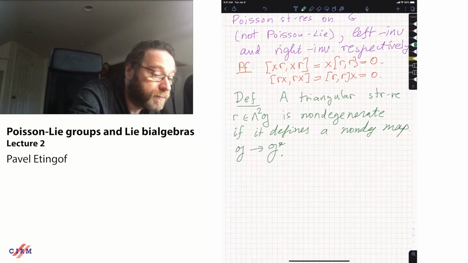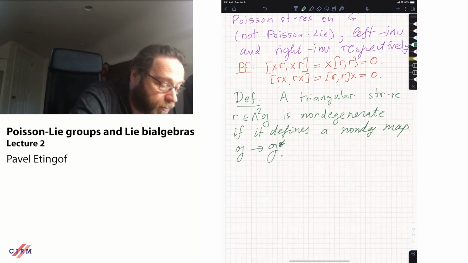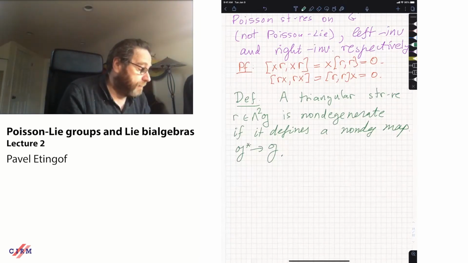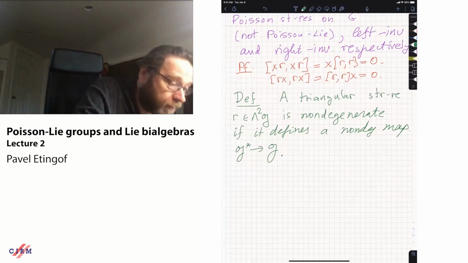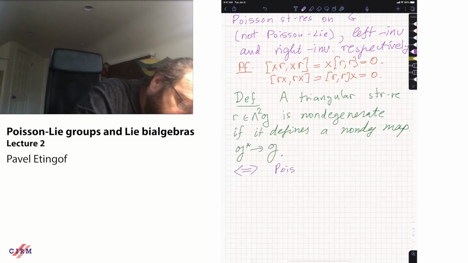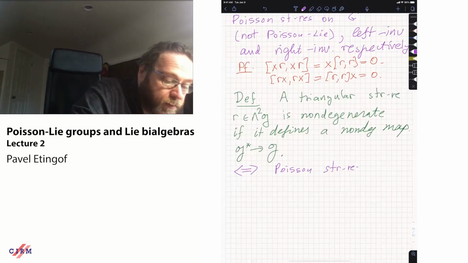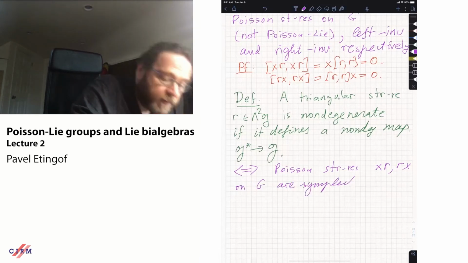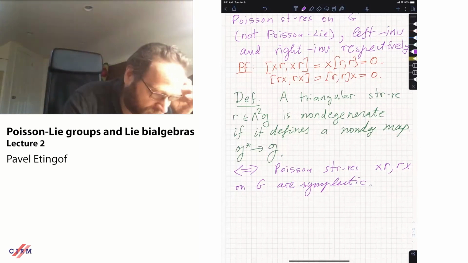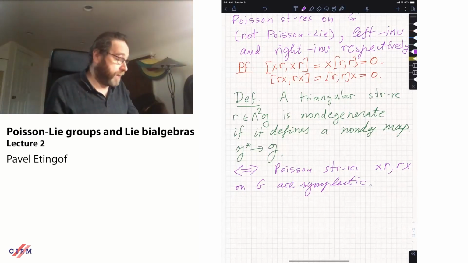I'm sorry, I should write G star to G. And this is equivalent to saying that the Poisson structures XR and RX on G are symplectic. So in this case, G has structures of symplectic manifold, left invariant and right invariant. And of course, it has to be even dimension.